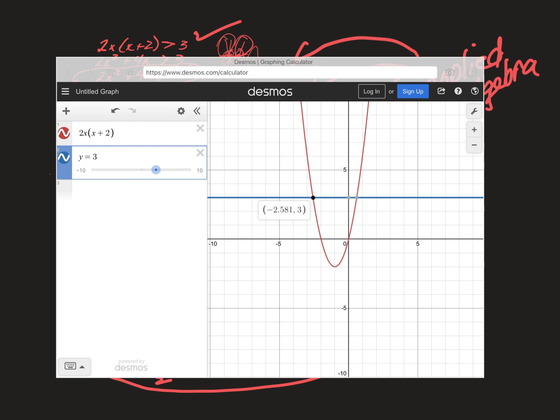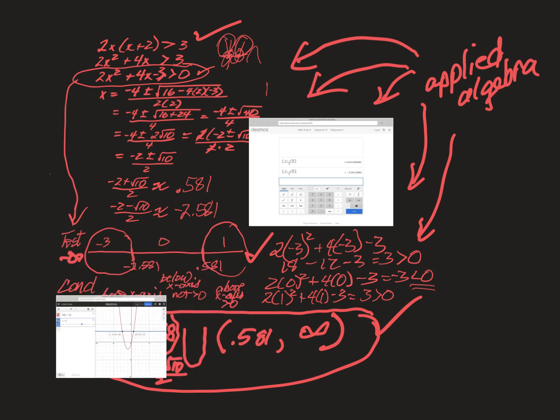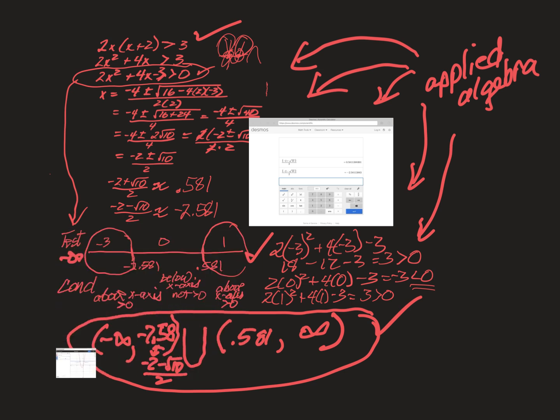It's greater than 3. And for 0.581 to positive infinity, the red graph is above the blue graph. So I now know that I have done that problem completely correctly. Boom. Nice. Do you like it?